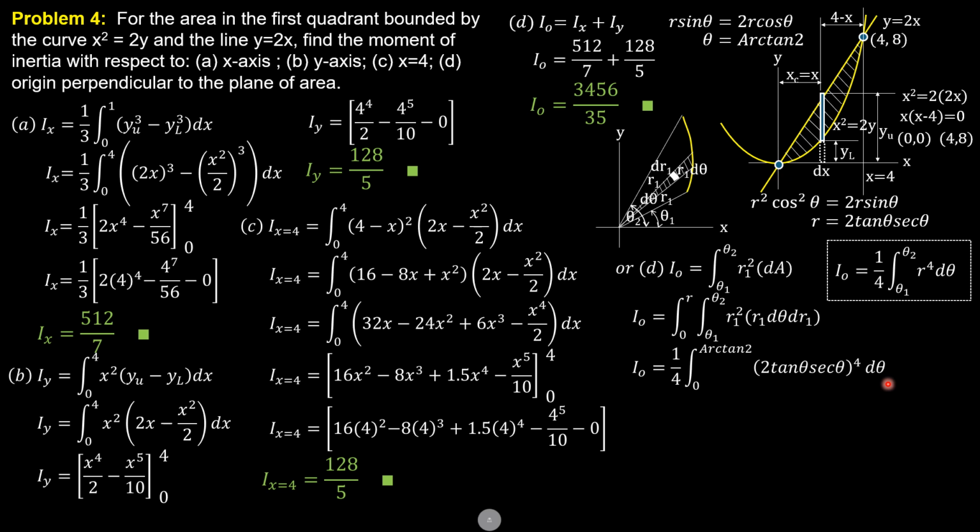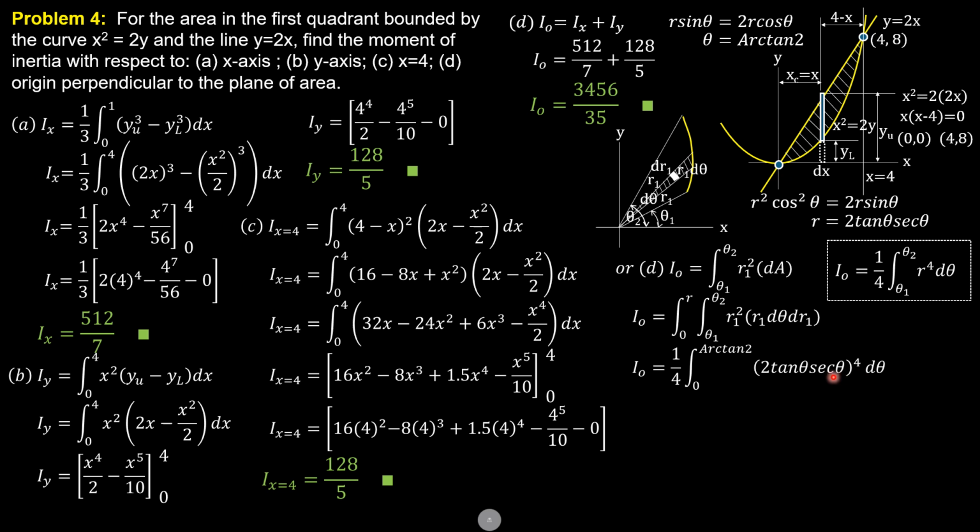So that's 2 to the 4th, which is 16 over 4. So that means it becomes 4 integral from 0 to arctan of 2 of tangent to the 4th theta secant to the 4th theta d theta.